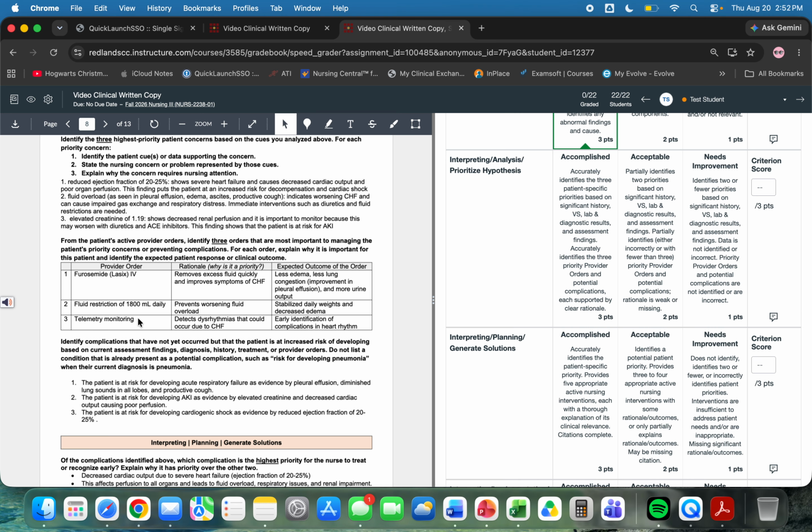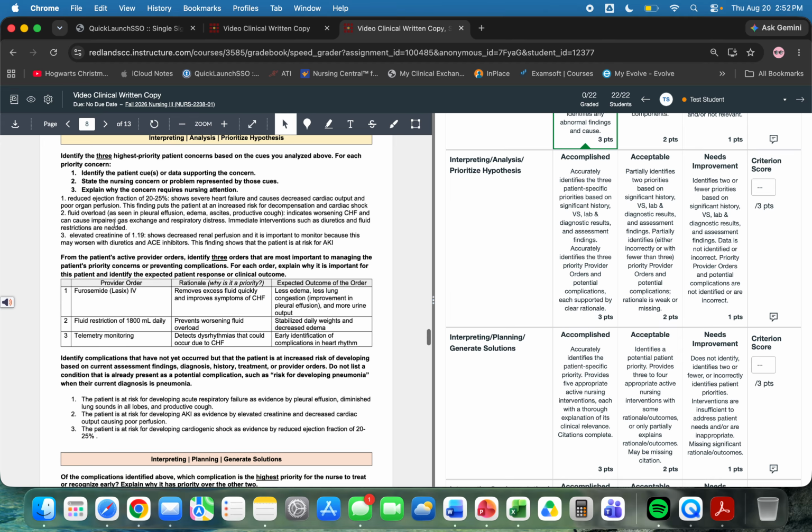And then telemetry monitoring, which is important for that reduced ejection fraction. Okay, so those are really good identification of provider orders. If they would have said something along the lines of like bed rest, instead of identifying that, hey, there's probably some more pertinent orders there, then you obviously can reassess your grade here.